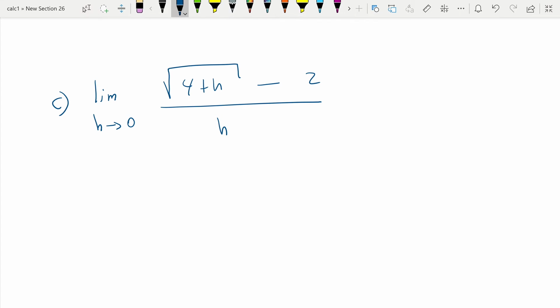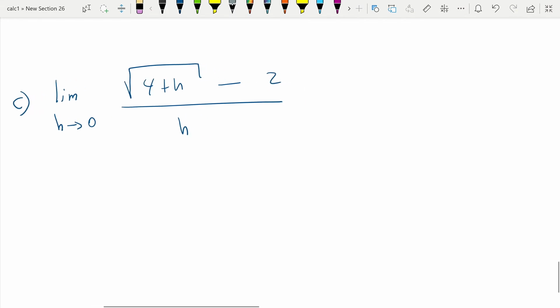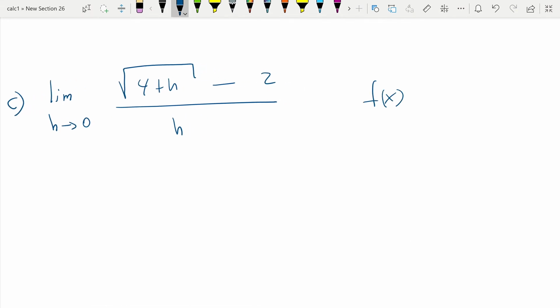So now figuring out the function is going to be just a little bit harder, but not that much. The function is going to be given by, again, this expression here, and in this case it is square root of x.